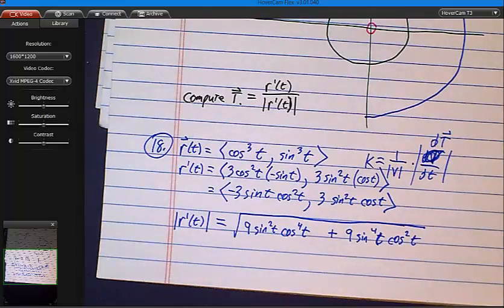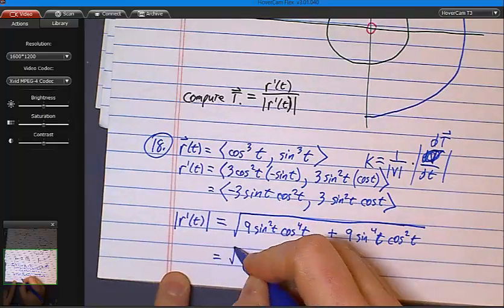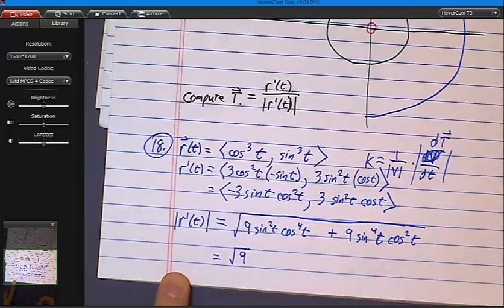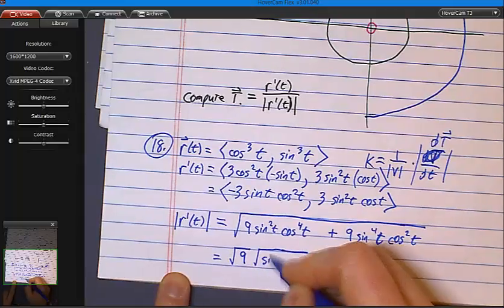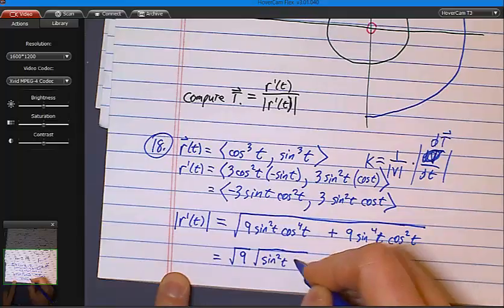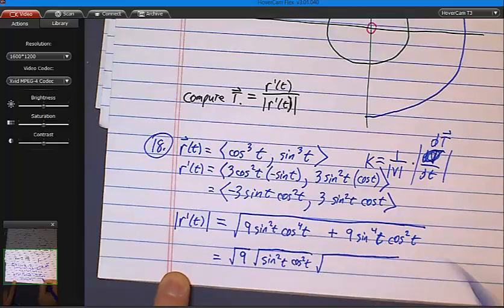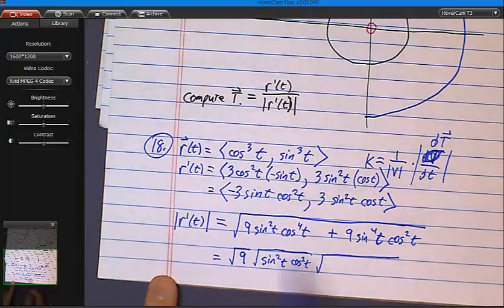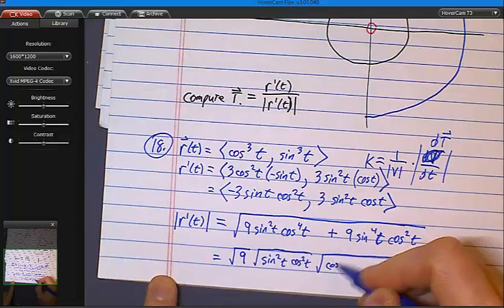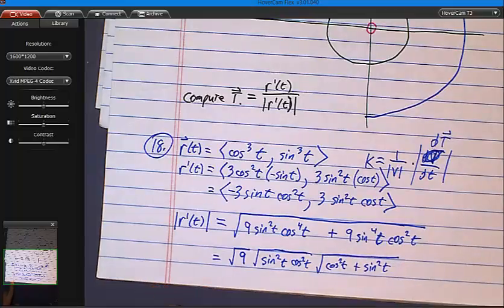Okay? And so what you want to do here is take out your common factors. So I'm going to factor out the square root of 9 times this stuff. What else is common? I have a sine squared and a cosine squared, so I'm going to factor those out, sine squared t cosine squared t, and leave them under a separate radical. And if I do that, I'm left with cosine squared of t plus sine squared of t, which of course is equal to 1.